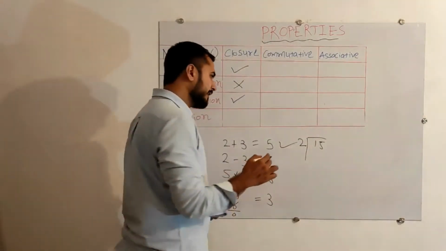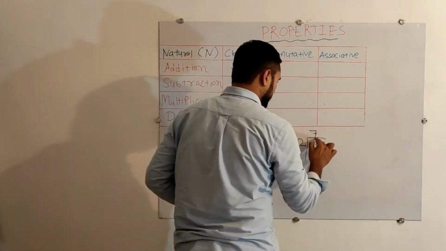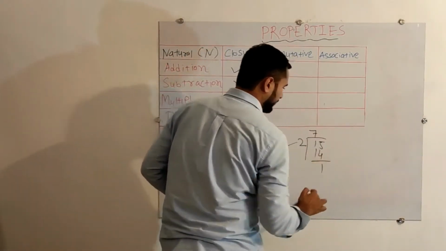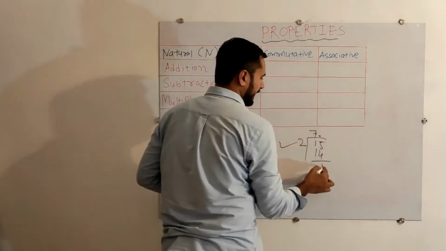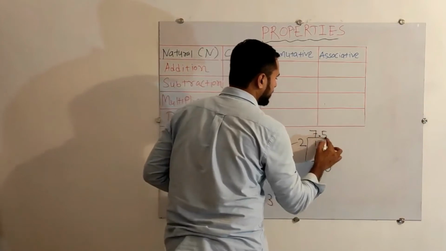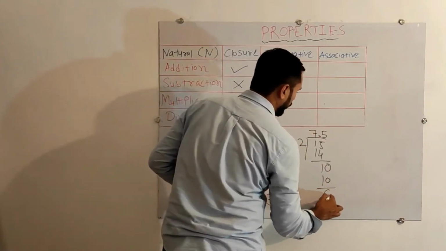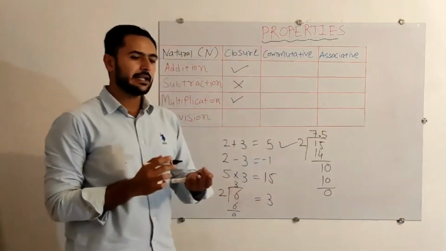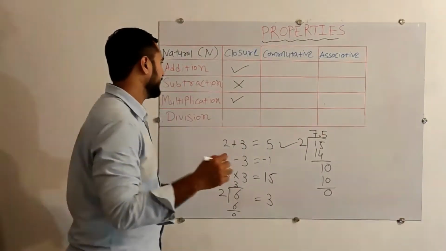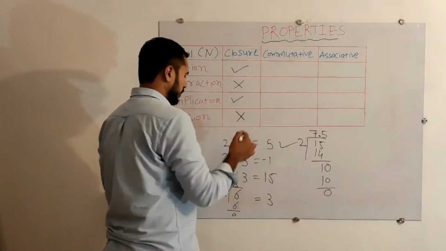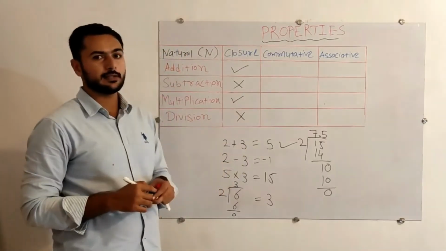So 2 7s are 14 and 1. Now what will we do? We will put the decimal point over there and put a 10. 2 5s are 10. Answer is 0. This is a decimal number. Can we include a decimal number in natural numbers? No. It means this is also not closed.